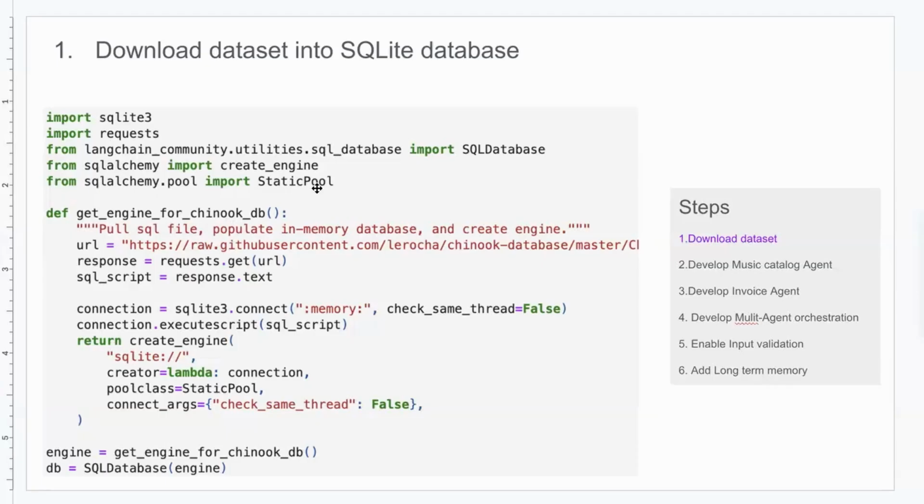Then this piece of code goes to the HTML URL on this page and gets the text SQL script. The SQL script contains all the insert and update statements and so on, and then it executes the SQL script. So by this time, you can imagine there is a SQL database running inside the notebook with this interface. That's pretty straightforward.